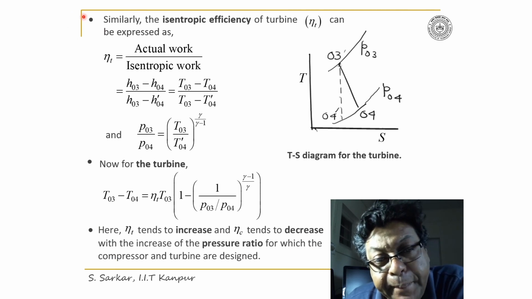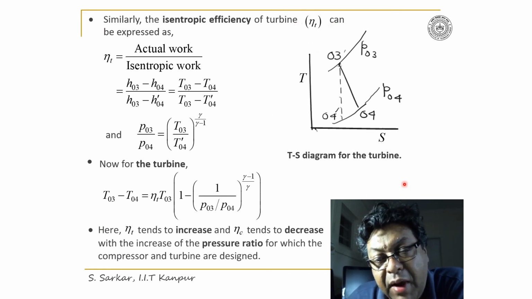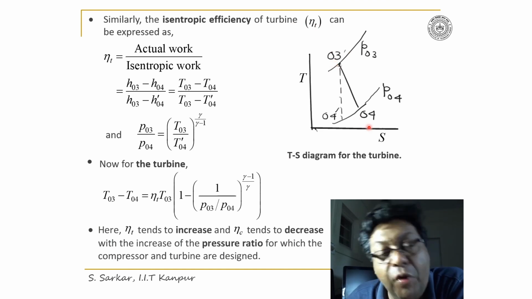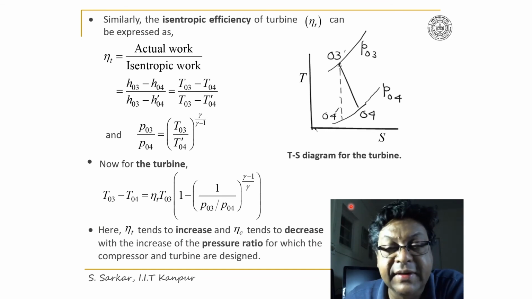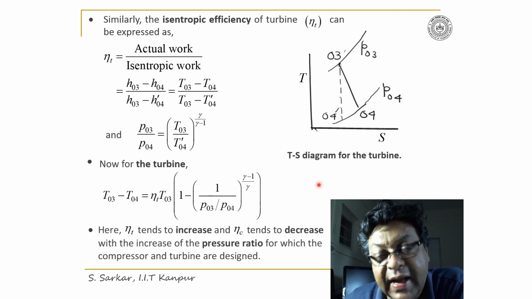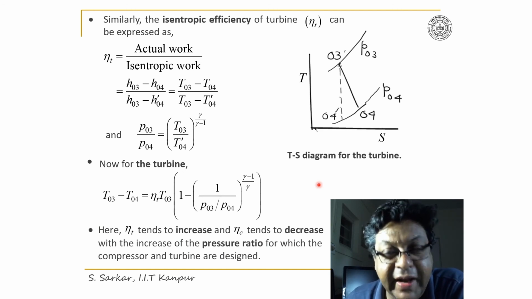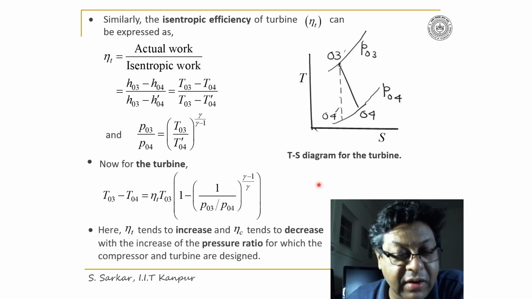Similarly, I can define the isentropic efficiency of a turbine. Thus, flow through the turbine has been illustrated here in TS diagram, where 03 to 04 represents the actual expansion where entropy has increased, and 03 to 04 dash indicates the isentropic expansion. You can appreciate here that actual work is less than the isentropic work.